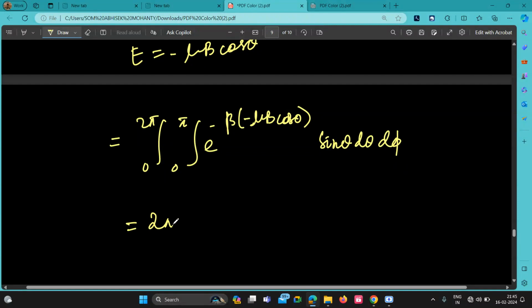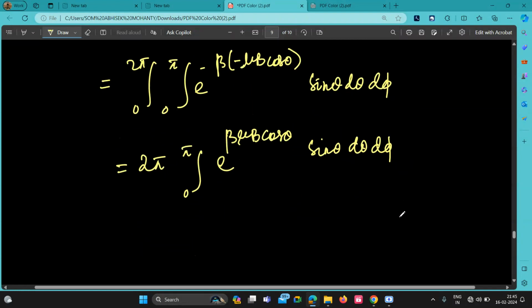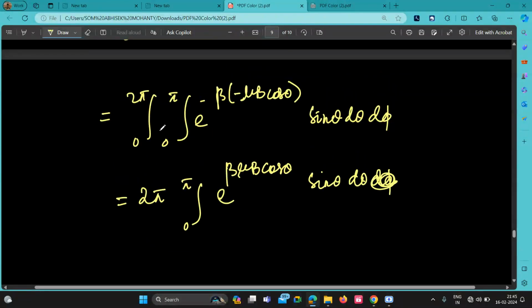So 2 pi, 0 to pi, e to the power beta mu b cos theta sine theta d theta d phi. Okay, now, sorry, the integration of d phi is 2 pi.